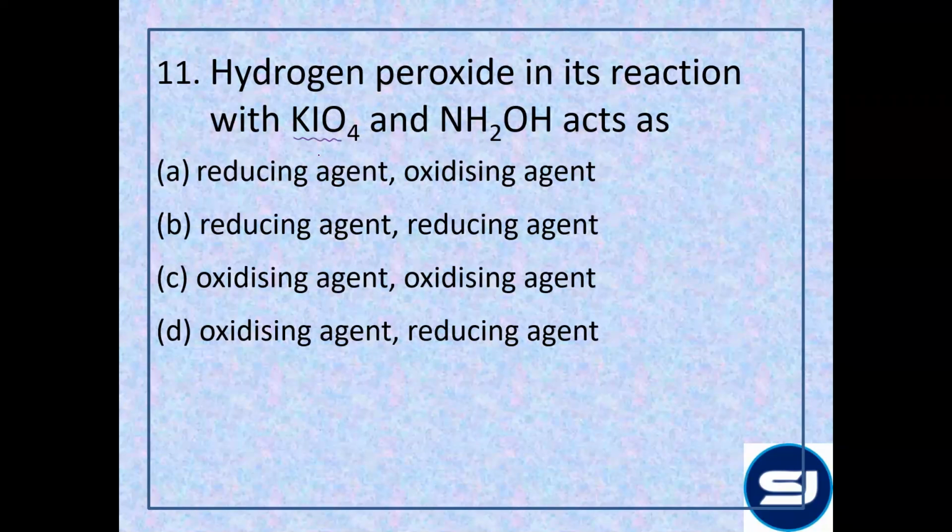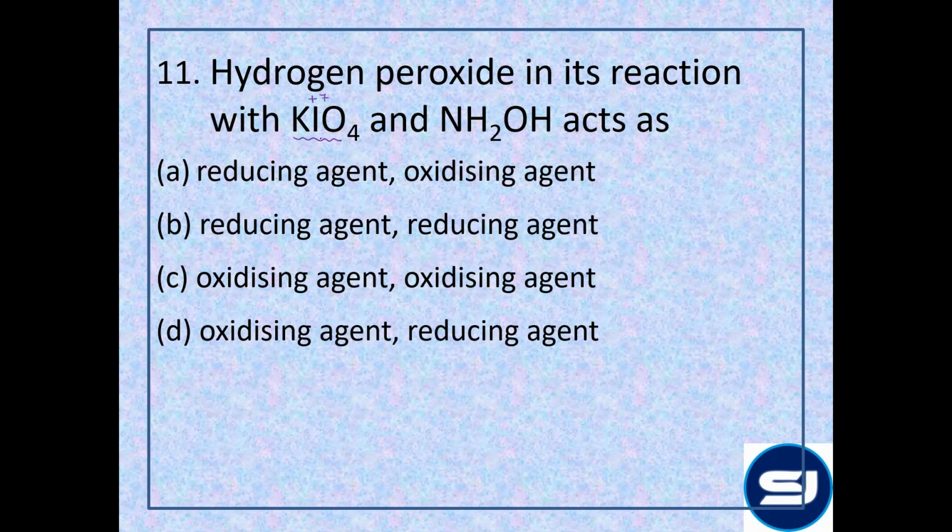Reduction. Has to undergo reduction because here the iodine is in its highest oxidation state. तो अगर कोई स्पीशीज हाईएस्ट ऑक्सीडेशन स्टेट में है तो उसका ऑक्सीडेशन तो होगा नहीं. इट विल ऑब्वियसली अंडरगो रिडक्शन.